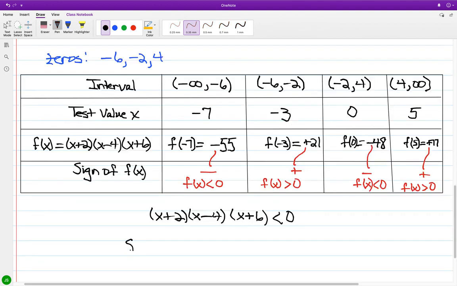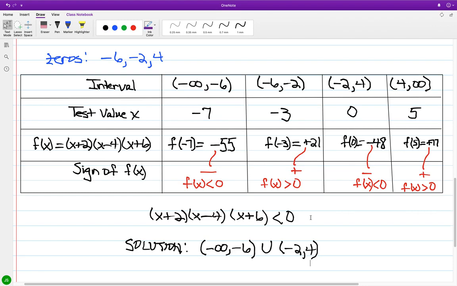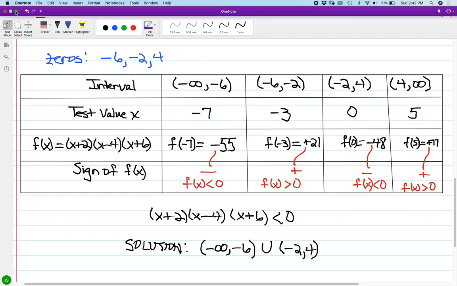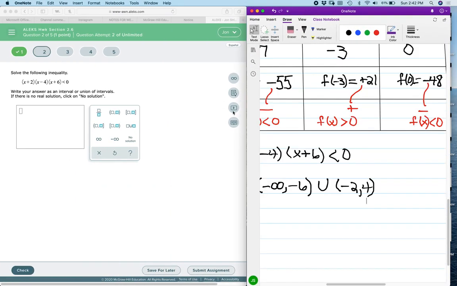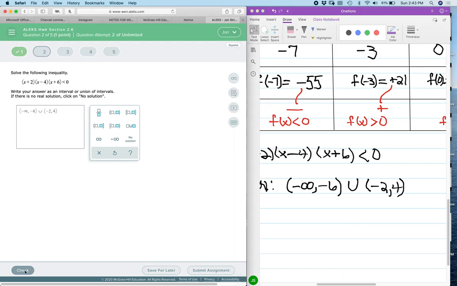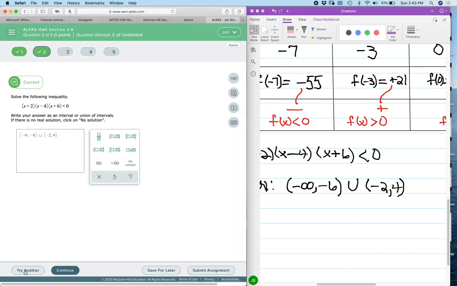In the solution, where we have to be less than 0, we have values of x that will be less than -6, and also values of x between but not including -2 and 4. So in transferring this bit of information over to what we have in ALEKS, checking, and the result is correct.